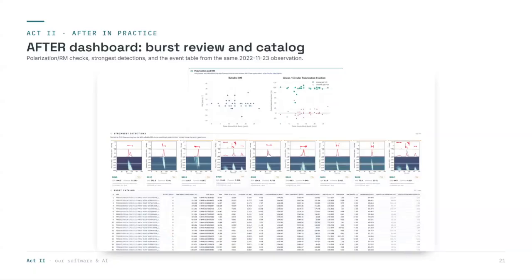It shows the polarization, the dynamic spectrum, RM distribution, and the detailed burst catalog. So after DRAFTS finds the candidates, the agent automates the full analysis workflow. This greatly lowers the barrier for data processing, and anyone can process the data independently, and the output can be compared across studies.